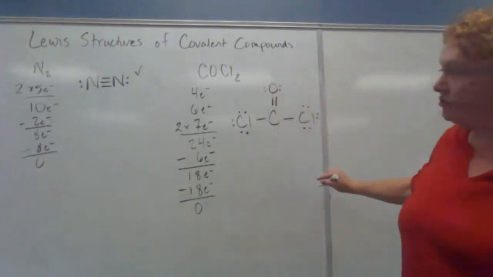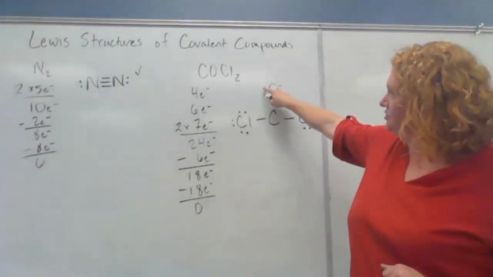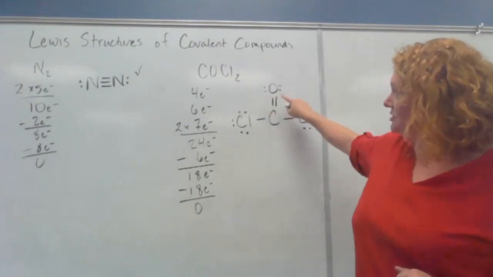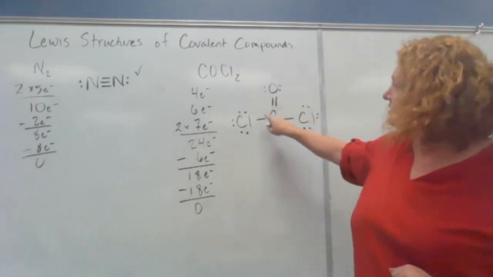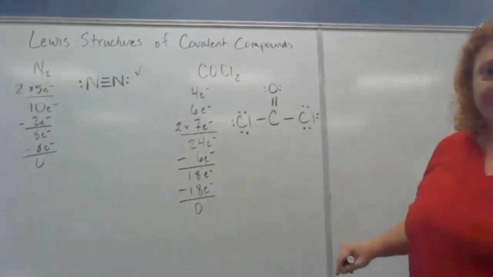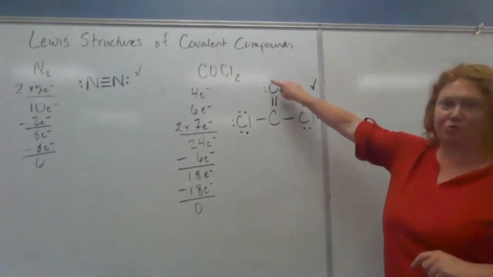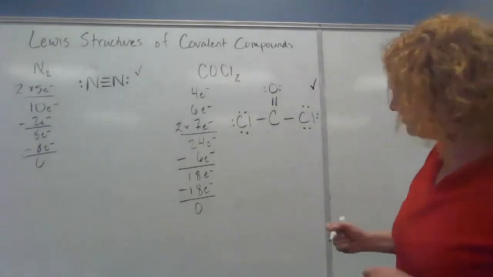If you check your octet rule now, that oxygen, 2, 4, 6, 8, yes. Carbon, 2, 4, 6, 8, yes. Chlorines, yes, yes. Okay, so this is a good Lewis structure, but again, how did we know for sure to move a lone pair from the oxygen atom?